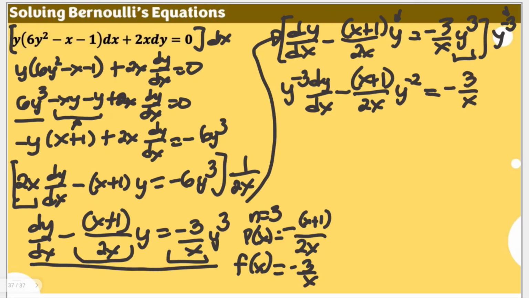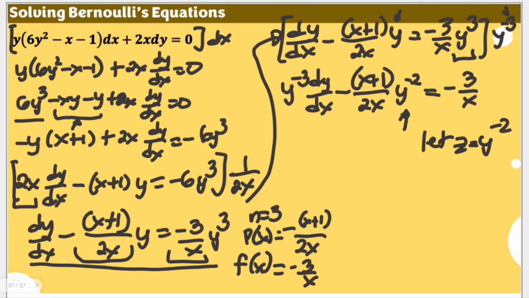Okay, so the next step here is we are going to assign a variable with exponent 1, so that we could get closer to a linear equation. Let us use z for y to the power of negative 2.